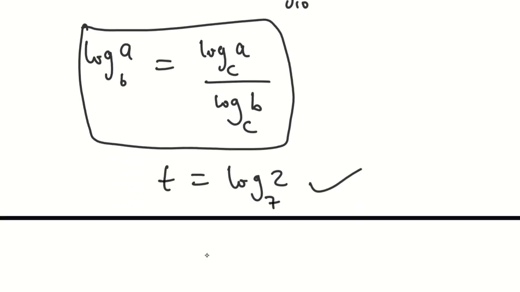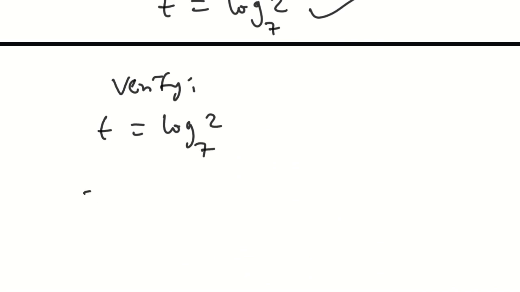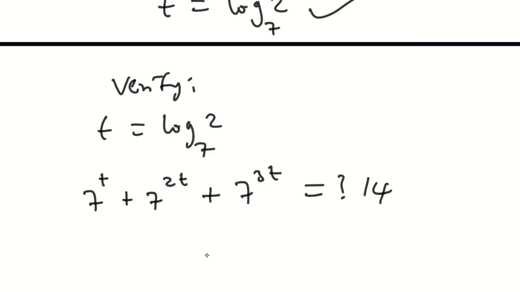So we want to do some tests. I want us to verify our answer, if truly t is equal to log 2 to base 7. Remember, the equation again is 7 raised to the power of t plus 7 raised to the power of 2t plus 7 raised to the power of 3t. We want to see if this will give us 14.